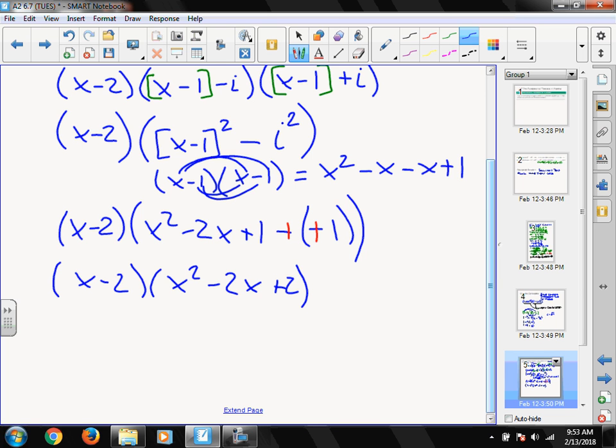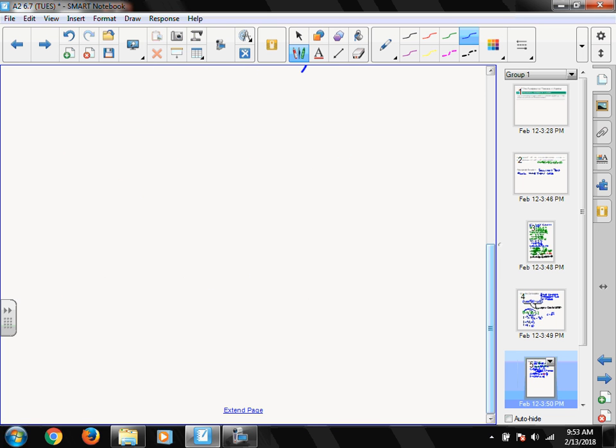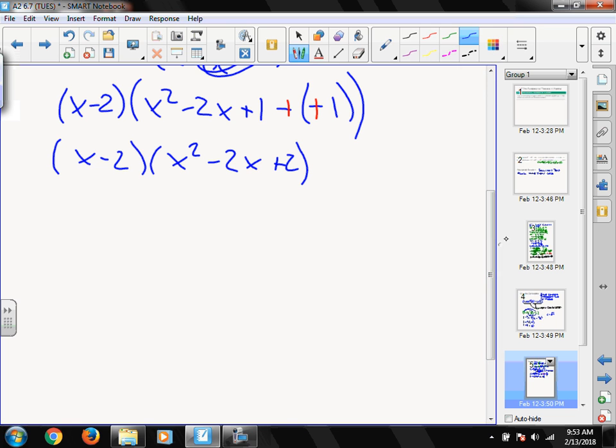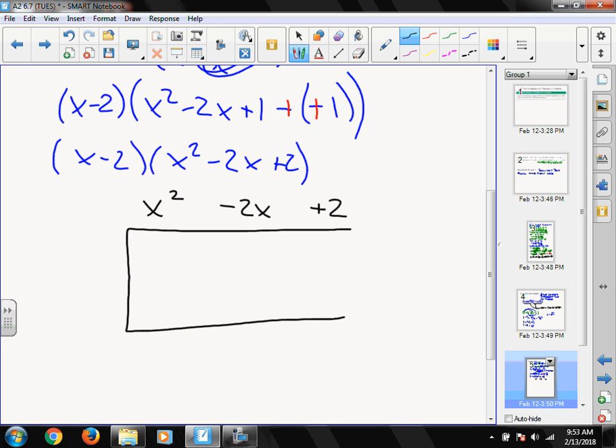We're going to use the box. So I'm going to put x squared minus 2x plus 2 and x minus 2 here and here.